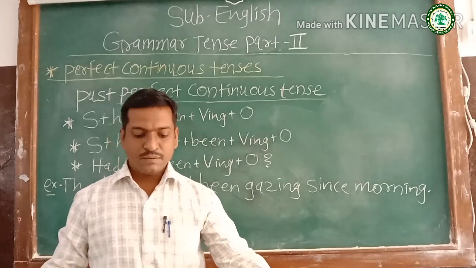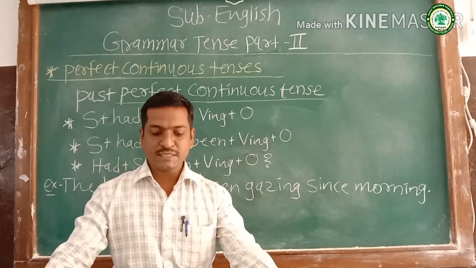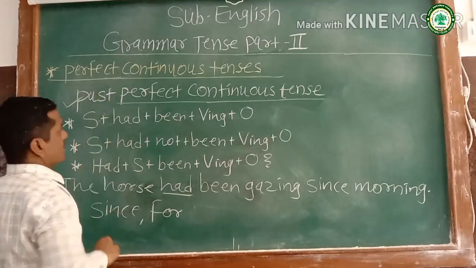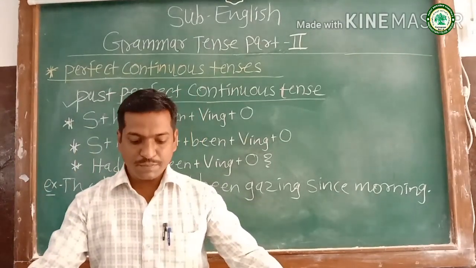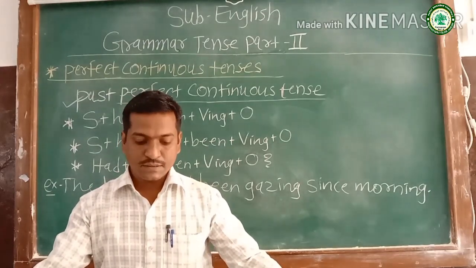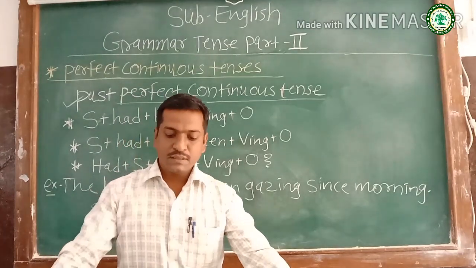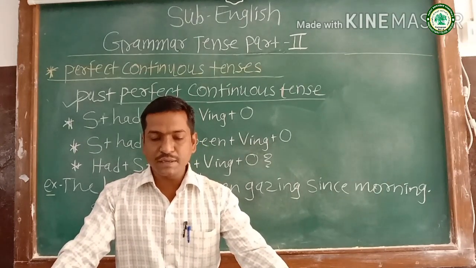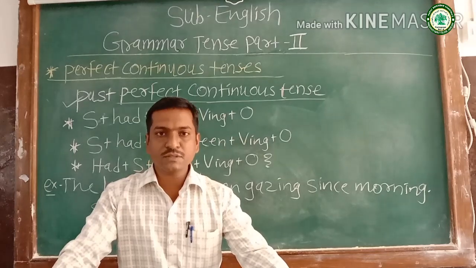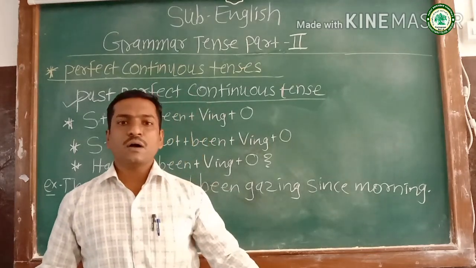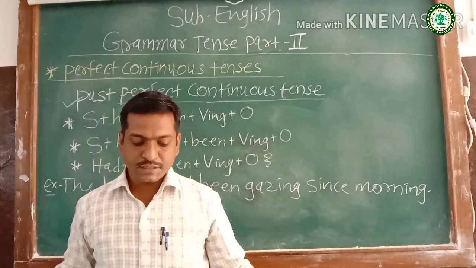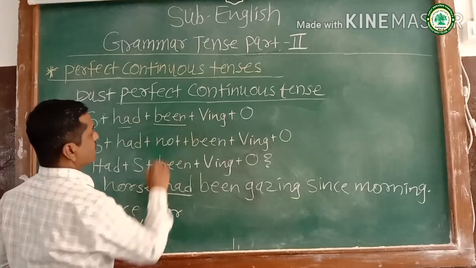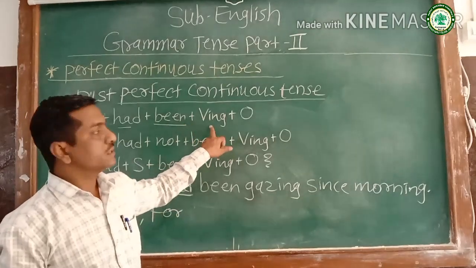The next perfect continuous tense is past perfect continuous tense. This tense denotes an action that was finished at some definite time in the past but which had been going on before it was finished. Now the structure of past perfect continuous tense is subject, then had, then been, then verb-ing, then object.